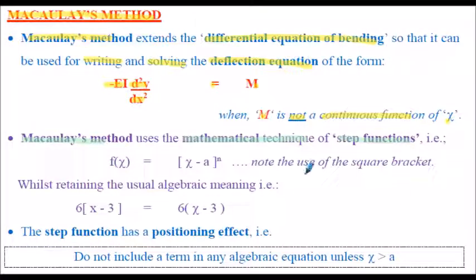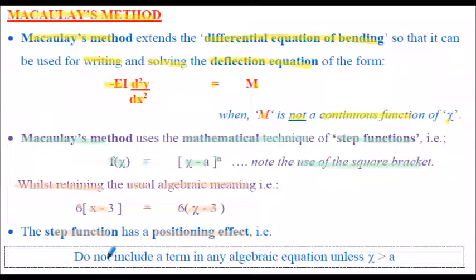So using the expression function of x is equal to [x minus a] in a square bracket raised to the power of n. Note the use of the square brackets, because whilst retaining the usual algebraic meaning, so 6 outside of the square bracket is equal to 6 outside of the curved bracket, what the step function does is to have a positioning effect.